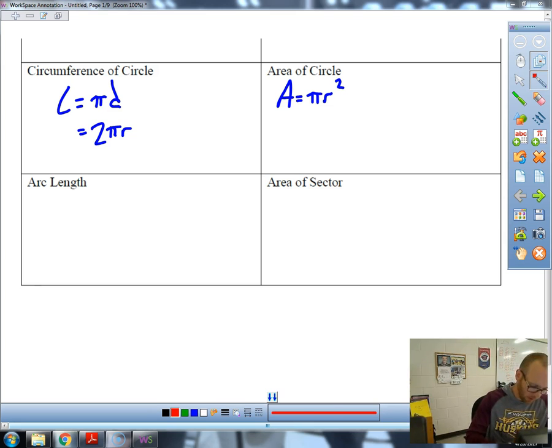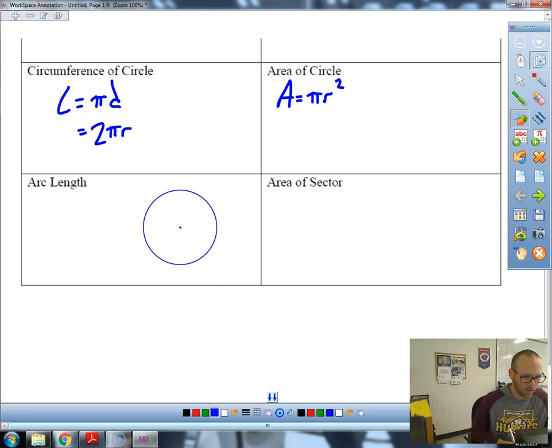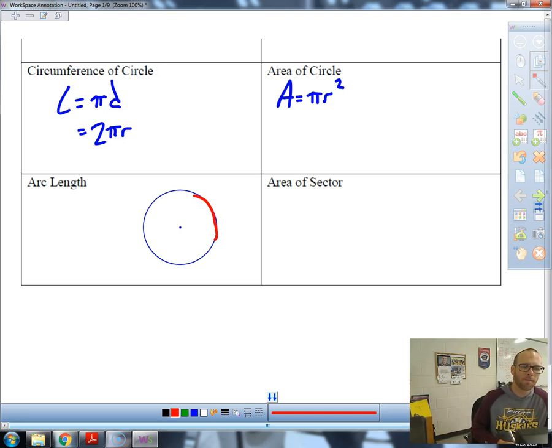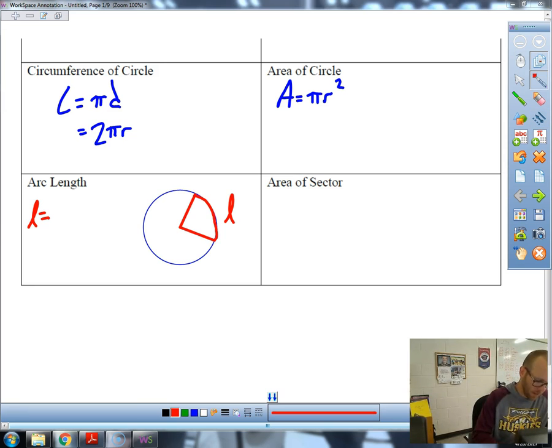Okay. We realized that the length of the arc right here was just a fraction of the what? Of the circumference. We said that arc length is the fraction. How did I figure out my fraction?